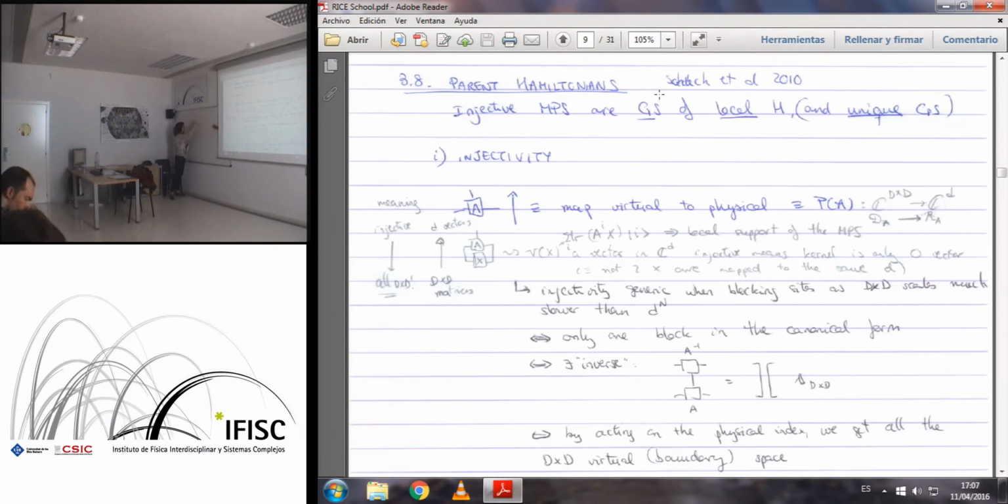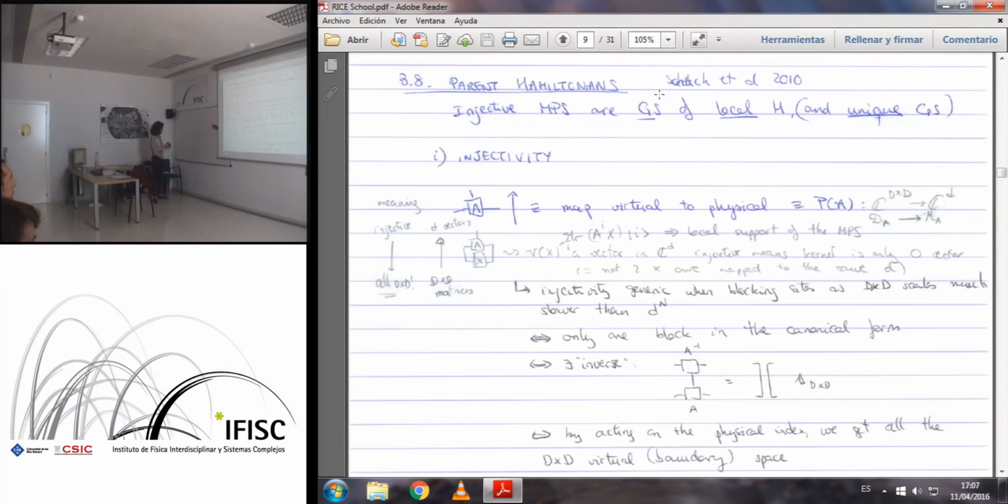So it can be understood as a map of the virtual space onto the physical one. How does this map act? Well, you apply this to some matrix X in the D times D space and obtain some vector in the physical space.